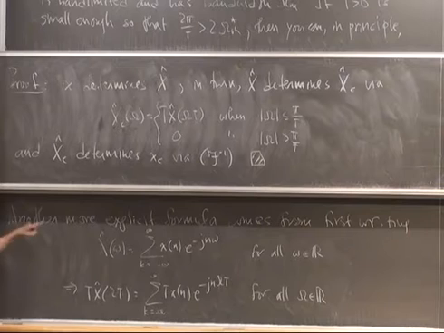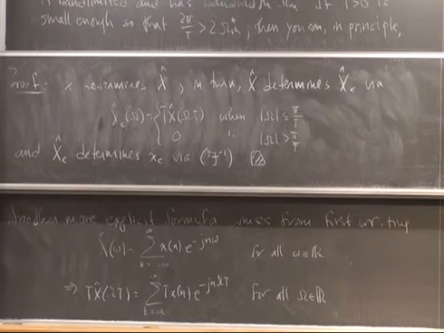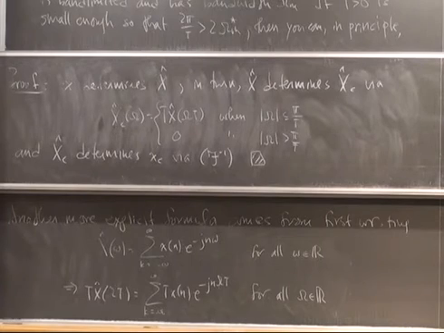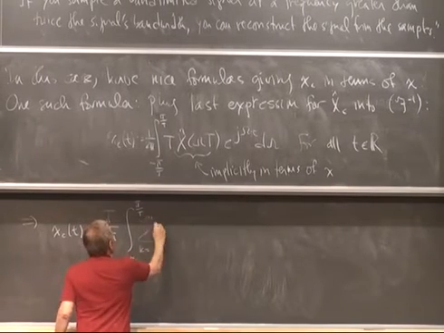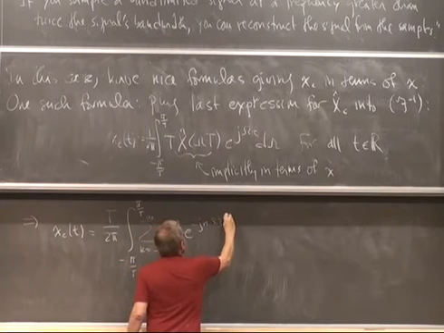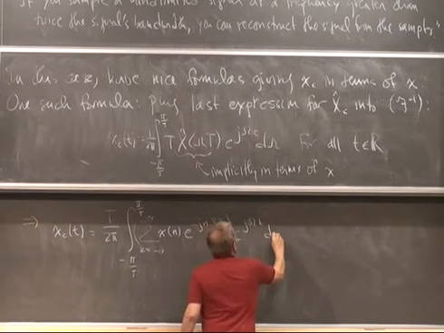Which means that when I plug this under the integral sign and integrate, to get xc of t, I get T over 2 pi, integral from minus pi over T to pi over T, the sum over n of x of n, e to the minus j n omega capital T, all that times e to the j omega little t d omega.